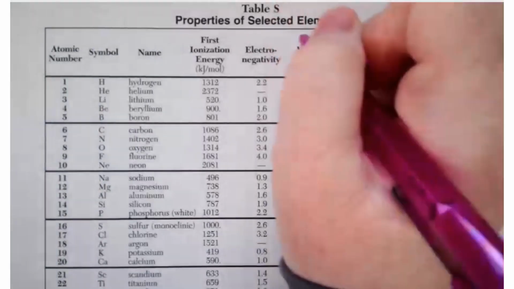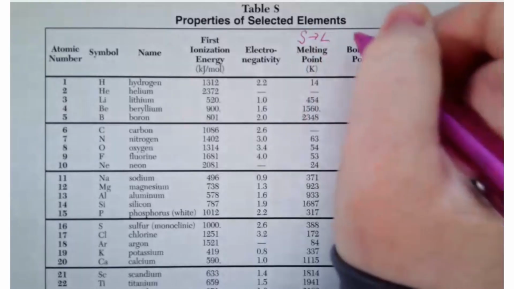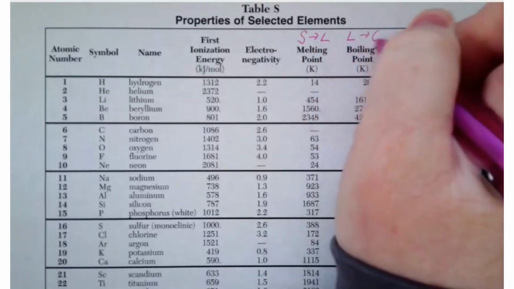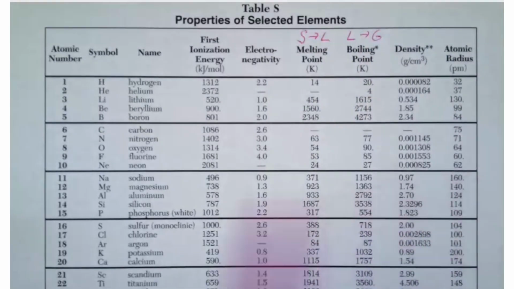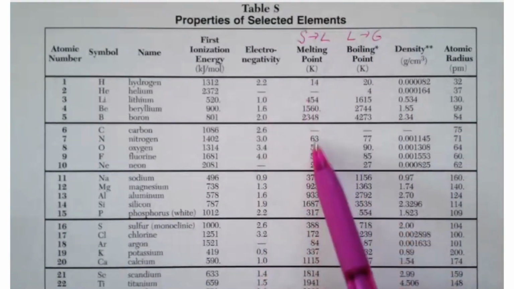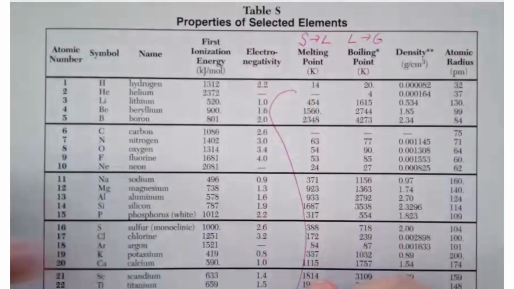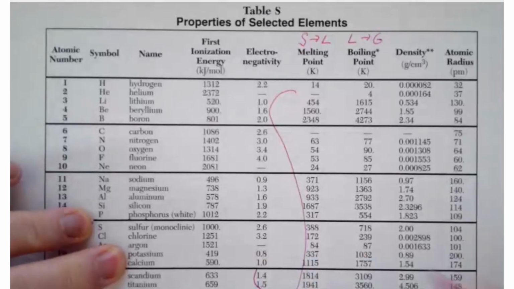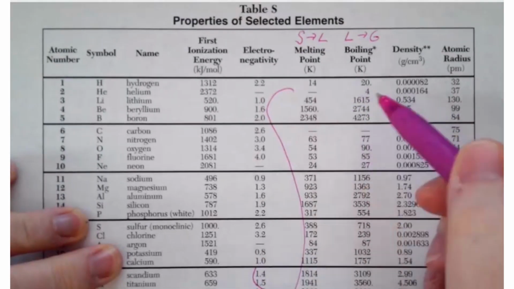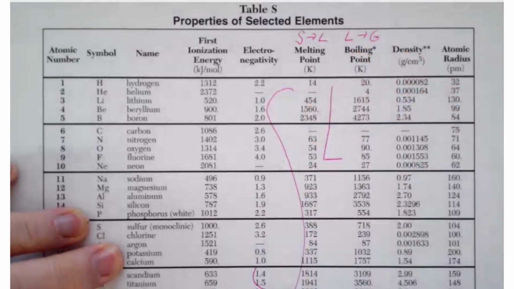Here's what you should know. Melting means going from a solid to a liquid, right? And boiling is going from a liquid to a gas. So what that means is that if the temperature of a substance is below this number, it is a solid. If the temperature of a substance is between these two numbers, it is a liquid.